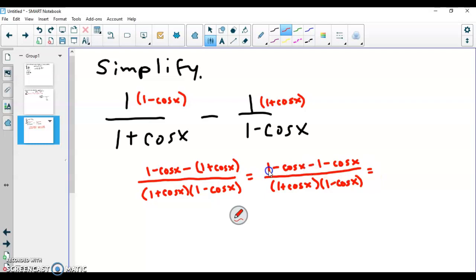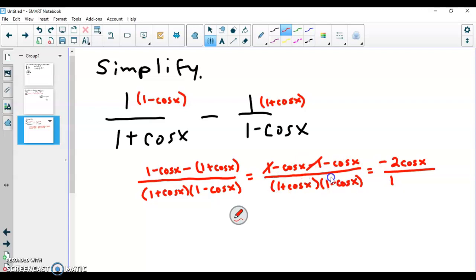Okay, I don't want to get rid of stuff if I might be able to reduce it. So in this instance, I'm going to have 1 minus 1, which cancel each other out. And so on top, I'm going to have negative 2 of those cosine x's. And then on the bottom, obviously these are not going to cancel with that, so I would go about my multiplication process to see what I could come up with. 1 times 1 will give me 1.